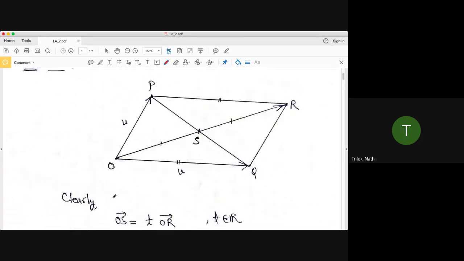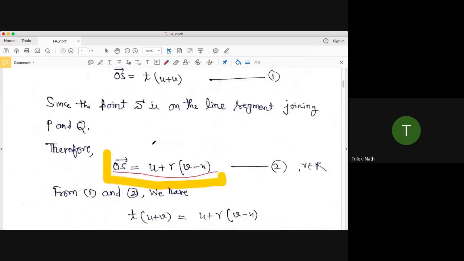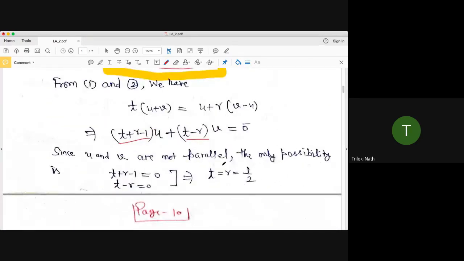Now, if you see this picture, because you are forming a parallelogram, U and V are not parallel as depicted in this picture. So because the vectors U and V are not parallel, what is the possibility? The only possibility is that this term is 0 and this term is 0.